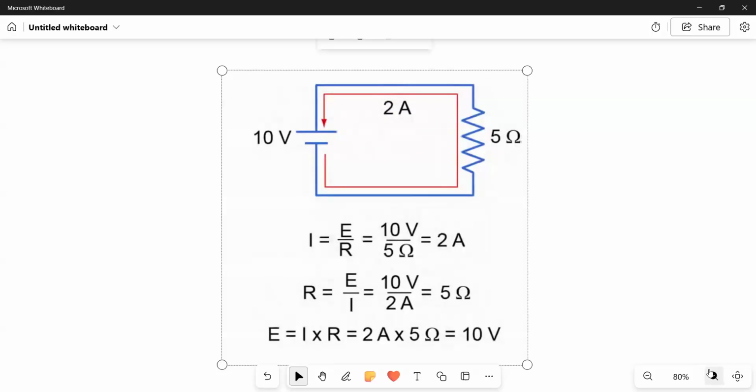So look at this example here. So here it is. We have a 10-volt supply, right? So the energy source is a 12-volt battery. And there's a 5-ohm resistor in the circuit, right?